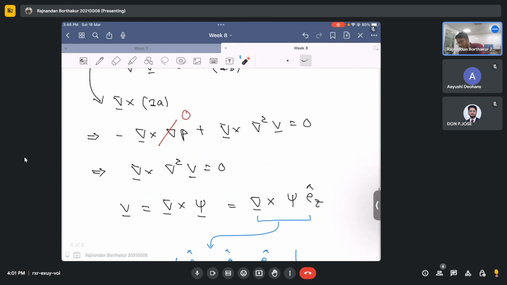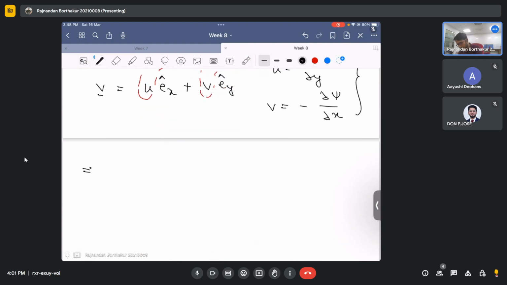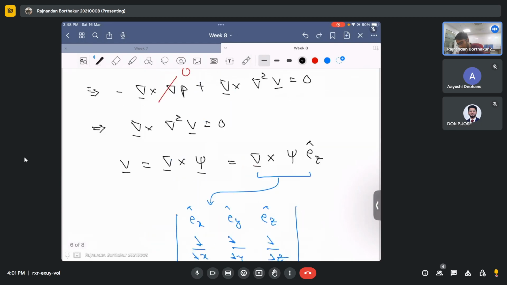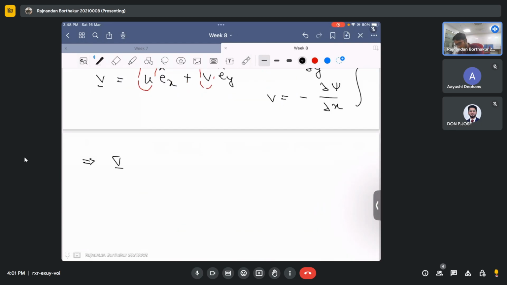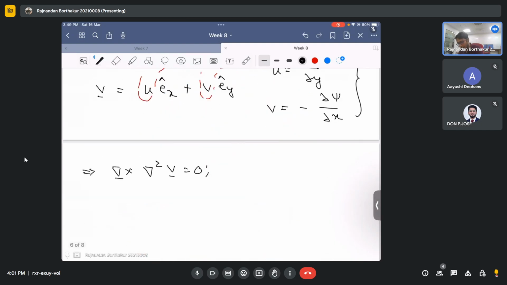So what do I have? I have curl of del square v equal to 0, and I said that my velocity is basically the curl of the stream function vector.